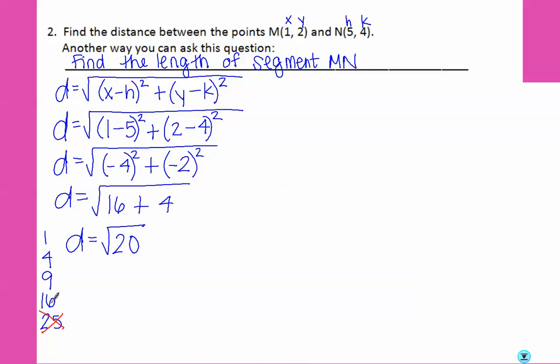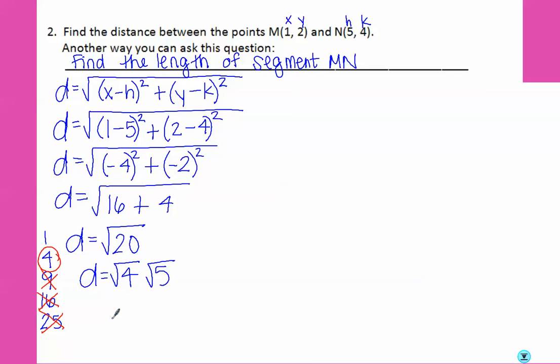Is 20 divisible by 16? No. Is 20 divisible by 9? No. Is 20 divisible by 4? Yes, it is. 20 is equal to 4 times 5. So I'm going to break this up into the square root of 4 times the square root of 5.